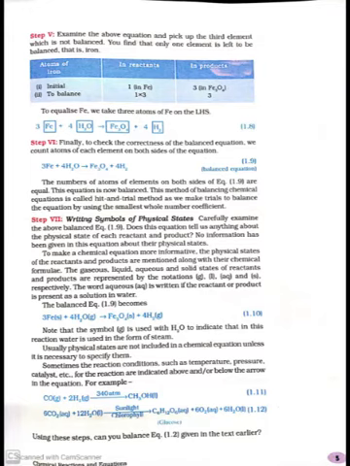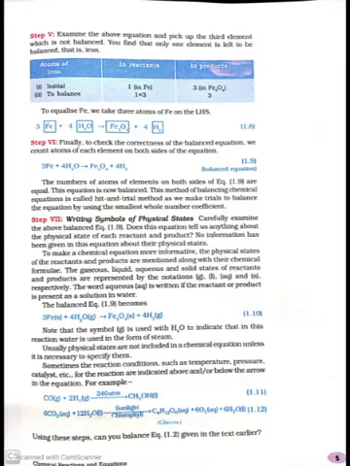The word aqueous, aq, is written if the reactant or product is present as a solution in water. The balanced equation 1.9 becomes 3Fe plus 4H2O(g) is equal to Fe3O4(s) plus 4H2(g), equation 1.10. Note that the symbol g is used with H2O to indicate that in this reaction water is used in the form of steam.